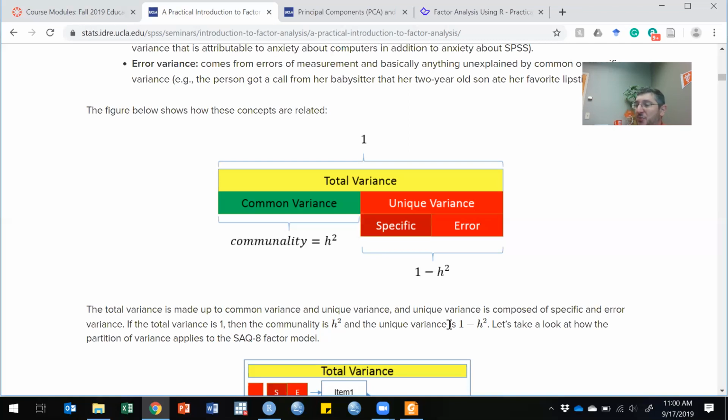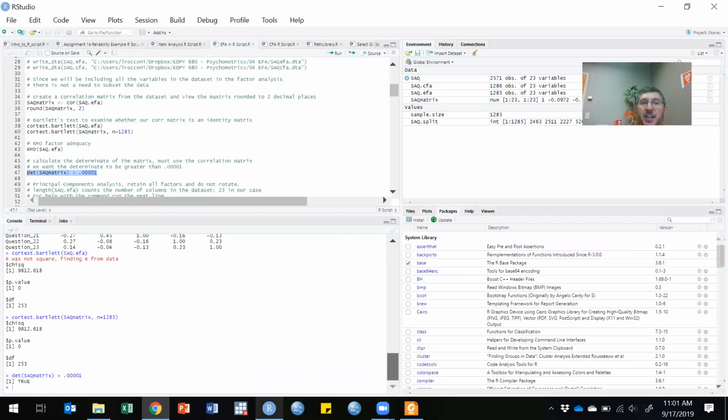Once we do that, we can identify the underlying factors that we've extracted, and then we can recalculate our communalities to show how much of the proportion of variance each one of those variables explains in that factor. So that's a real general overview of the difference between principal component analysis and factor analysis.